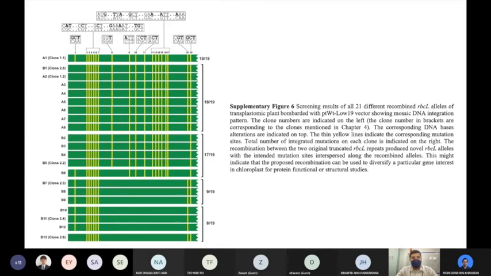And based on my calculation before, if you have 19 sites, theoretically, on paper, you might get up to around 500,000 different variants. But of course, there are so many different factors to be considered, in terms of the length of the DNA, the homology between the two DNA repeats, the length of the repeats themselves, and so many other things.